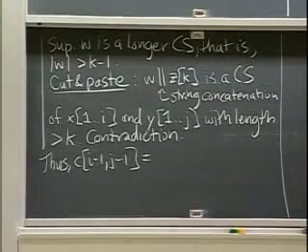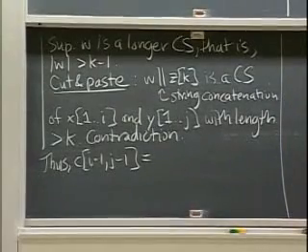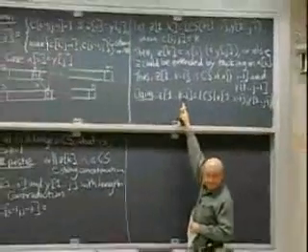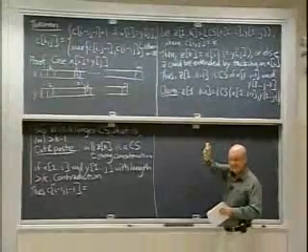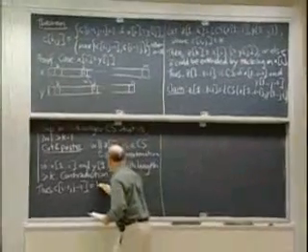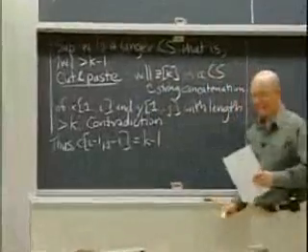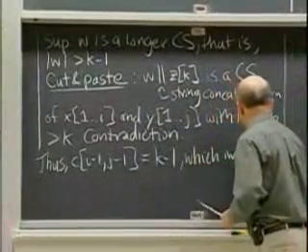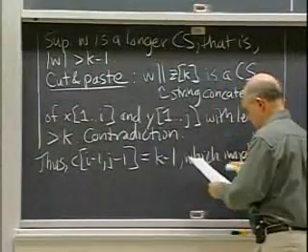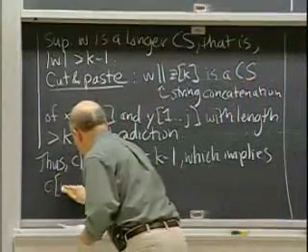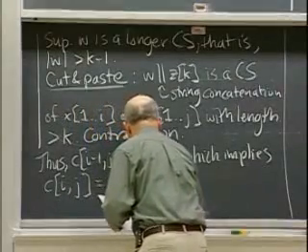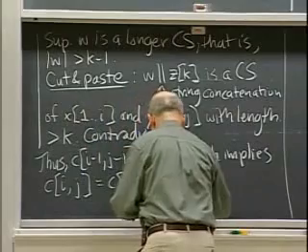What's C of i minus 1, j minus 1? K minus 1. Thank you. Let's move on with the class. Which implies that C of i, j is just equal to C of i minus 1, j minus 1 plus 1.